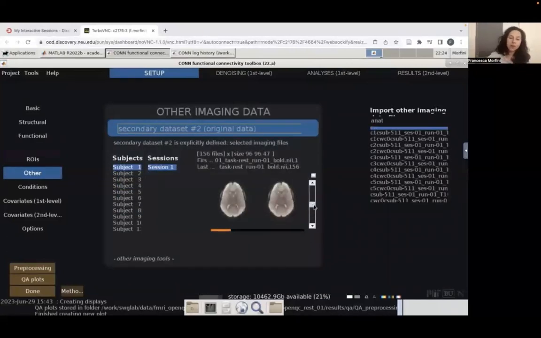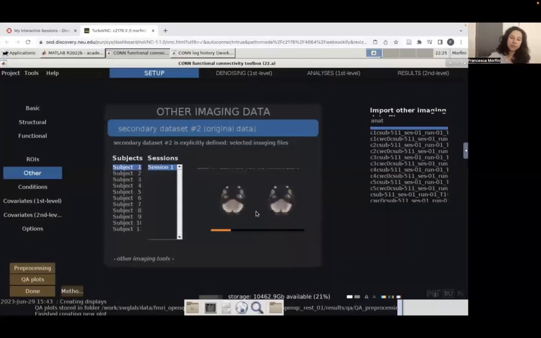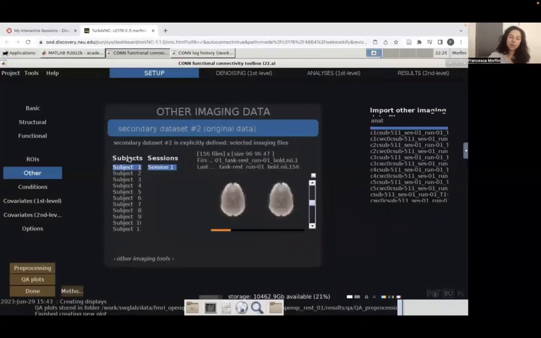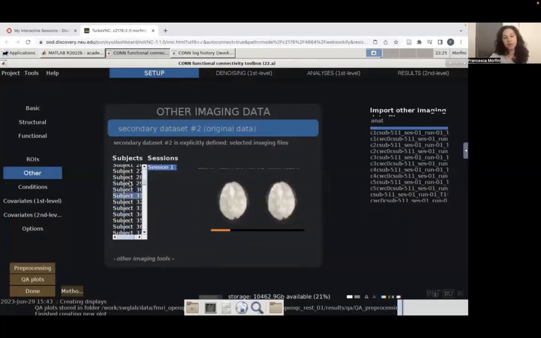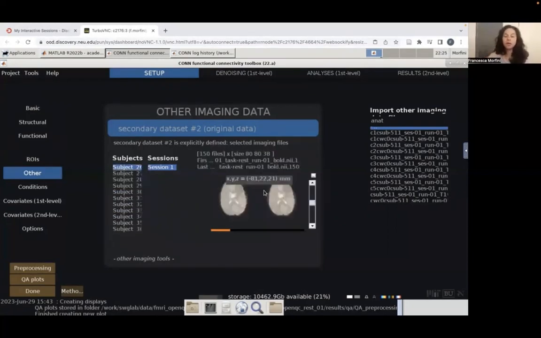Something that we might notice, especially across subjects, is that there is heterogeneity in terms of shape of the brain, spatial alignment, and potentially different types of intensities and different kinds of inhomogeneity of the signal.